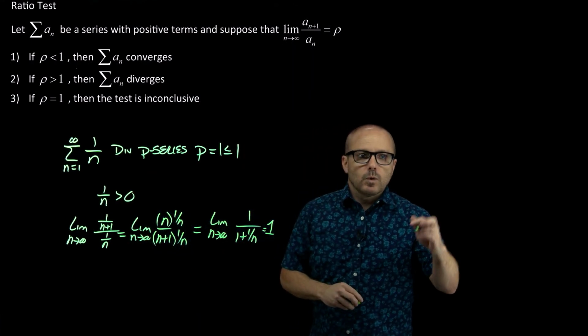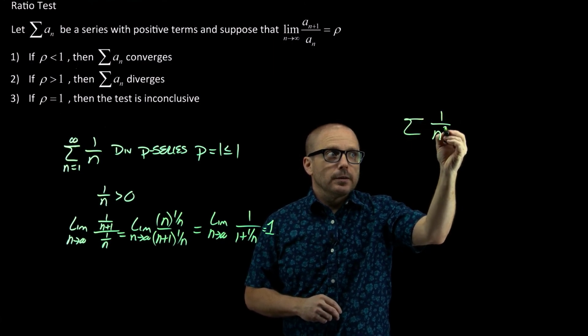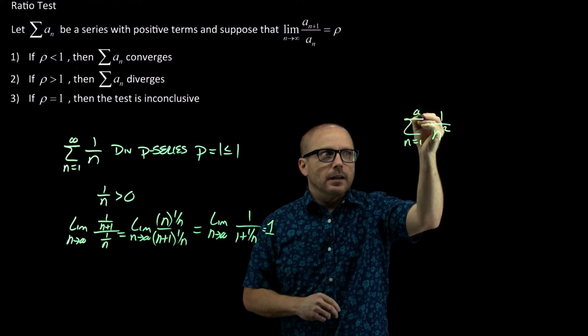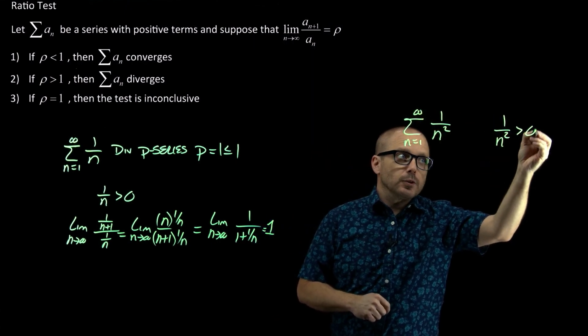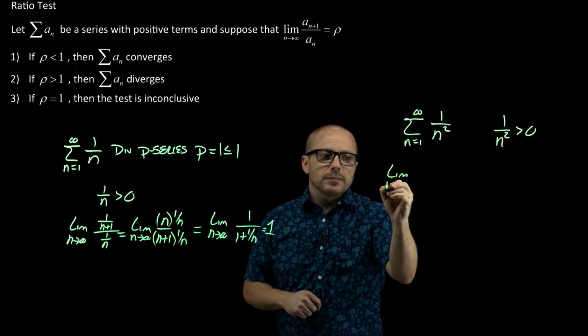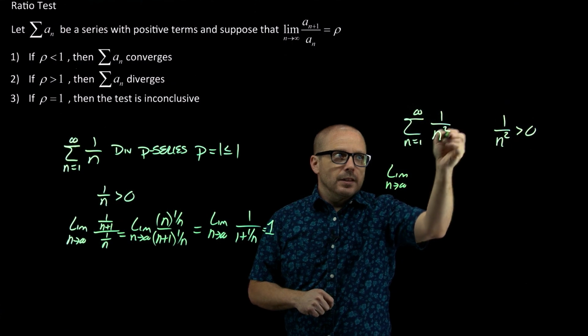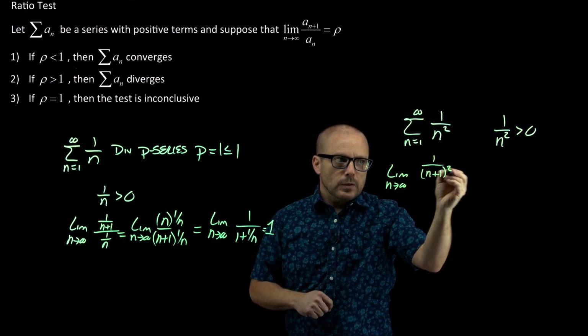But what if we did a convergent p-series? 1 over n squared. Again, we can try the ratio test because the terms are all positive. But what happens if I take the limit as n goes to infinity of this evaluated at n plus 1, so 1 over n plus 1 squared.